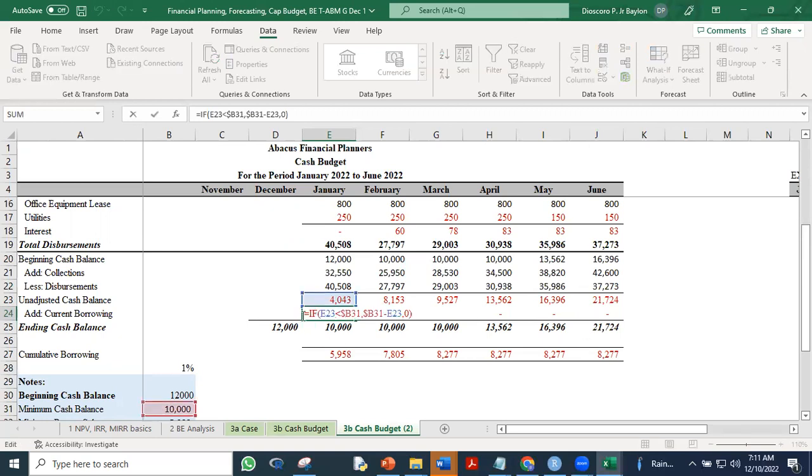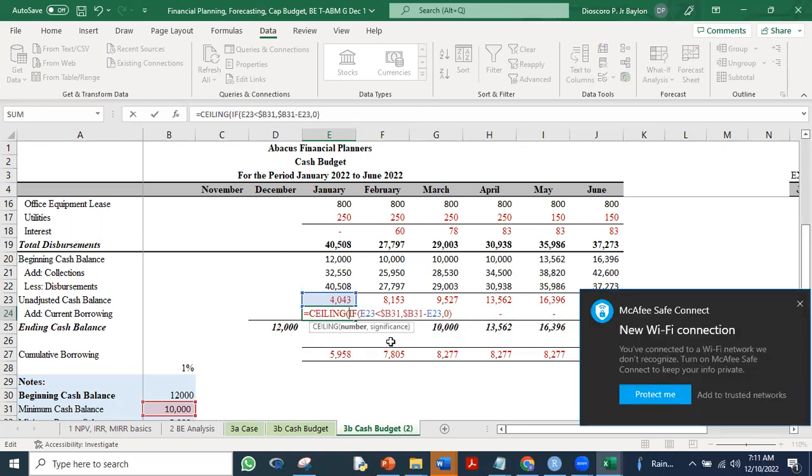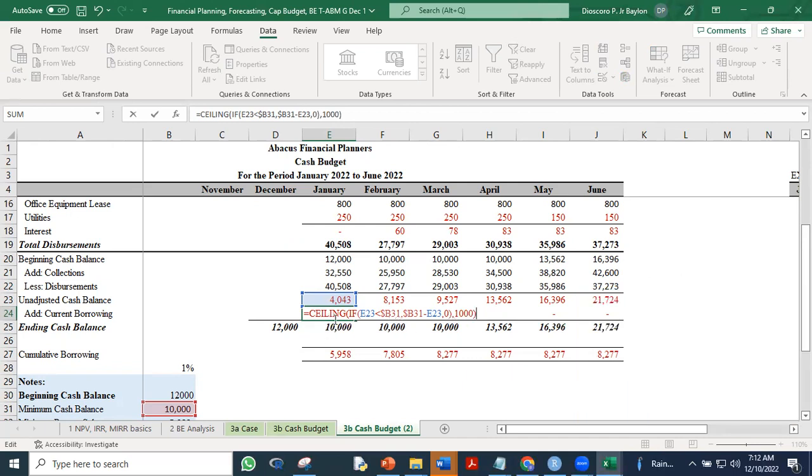6,000 here. So what we can do here is put the ceiling here. There's this function called ceiling. Take a look at the function, the number, and then comma. The significance is thousands. So what will happen is that it will give us the higher because it's a ceiling.